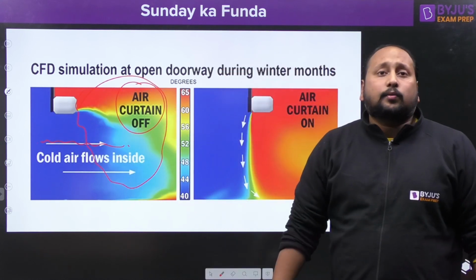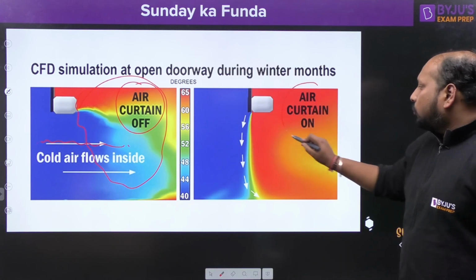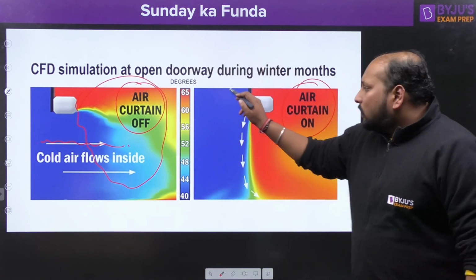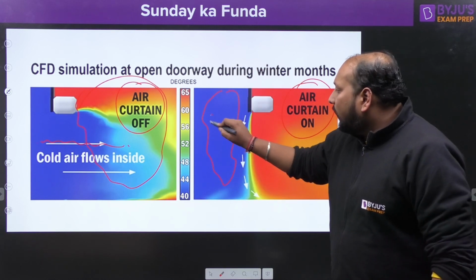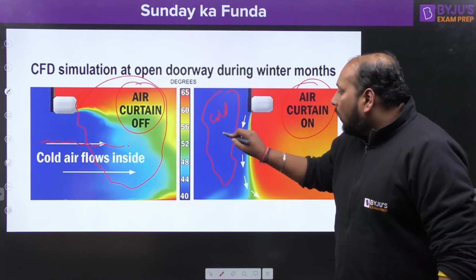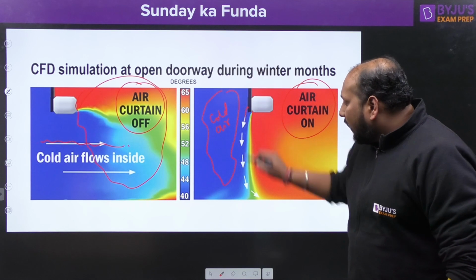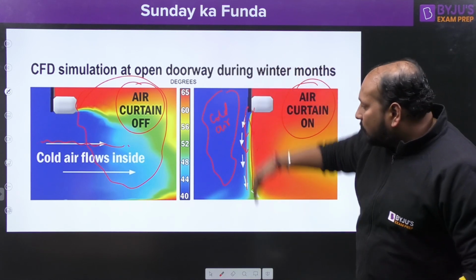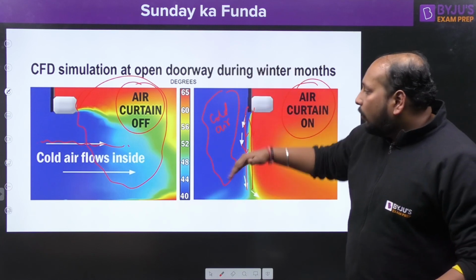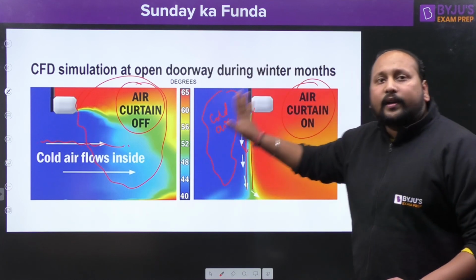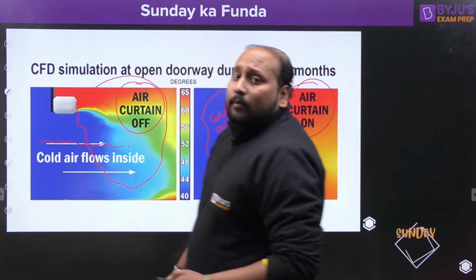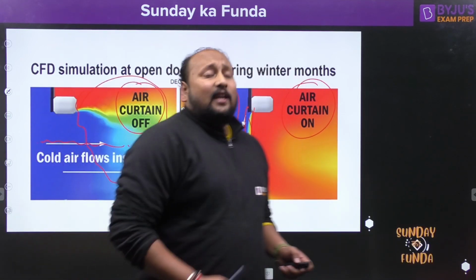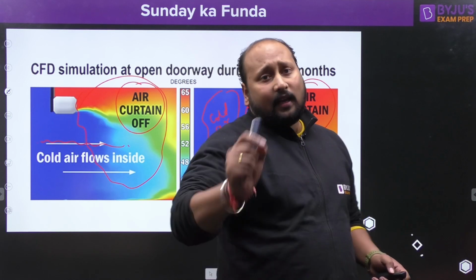But if you switch on the air curtain, it is clearly seen that the outside cold air stays outside only, due to the high pressure of the fluid passing at the entry. It blocks the outside cold air from coming inside. This way we are able to increase the efficiency and the overall power saving capability of air conditioning.